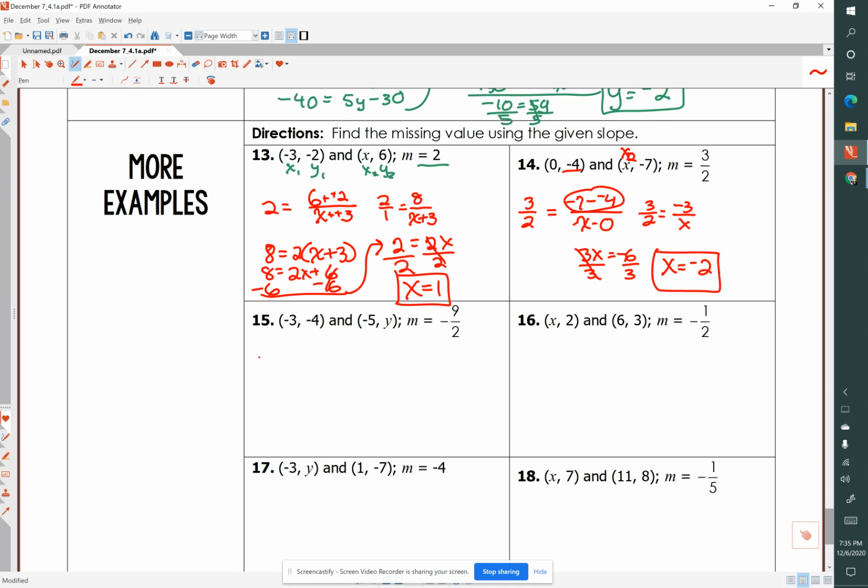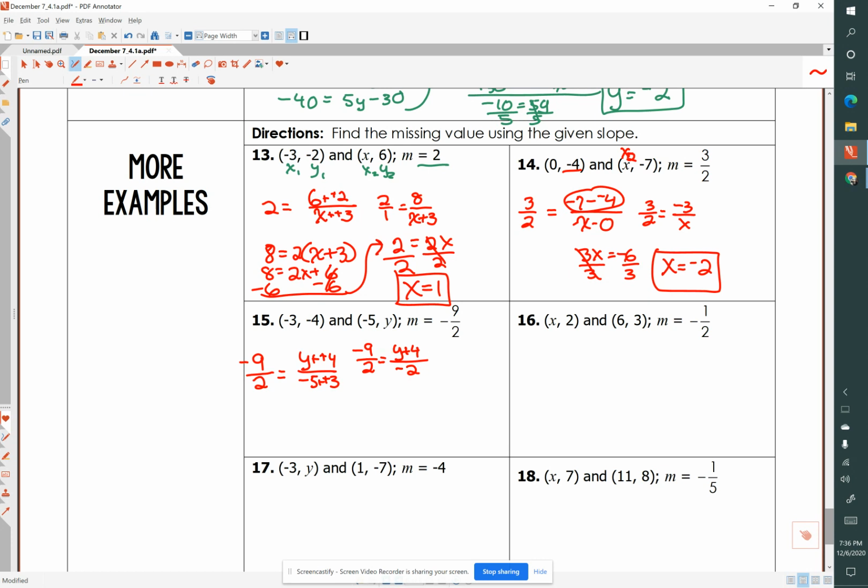Number 15, we have a slope of negative 9 over 2. And we're missing our y values, so negative 9 over 2 equals y minus negative 4 divided by negative 5 minus negative 3. These become pluses. We can rewrite this as negative 9 over 2 equals y plus 4 over negative 5 plus 3, which is negative 2.